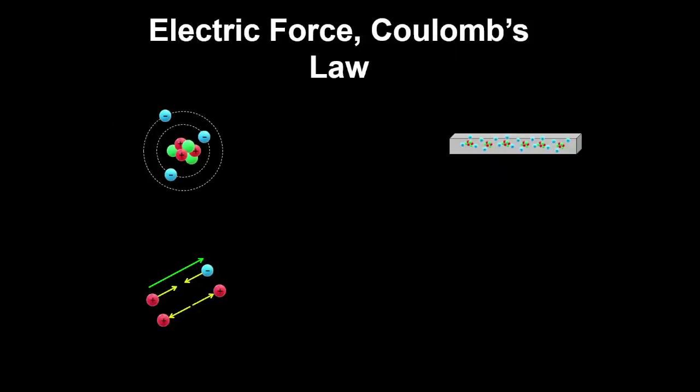Coulomb's law describes the electrostatic force between two charged objects. So suppose we have a charged object 1 and 2, then the magnitude of the electrostatic force is proportional to the magnitude of those charges, so Q1 and Q2, and inversely proportional to the square of the radial distance between them.